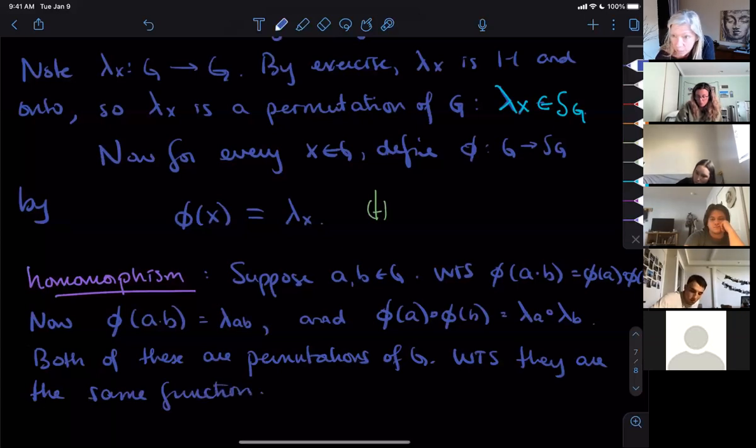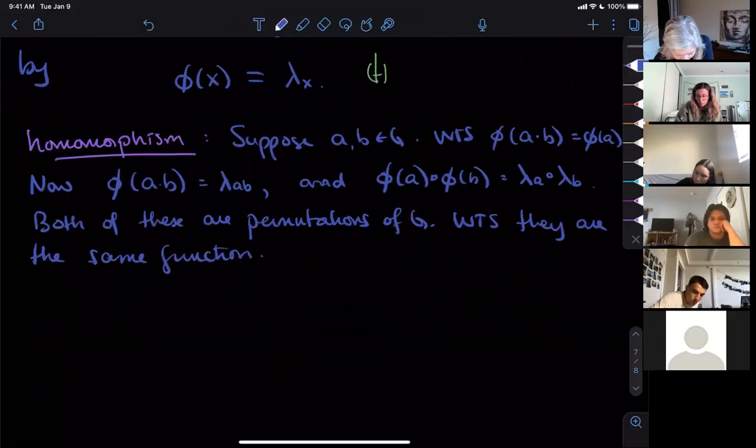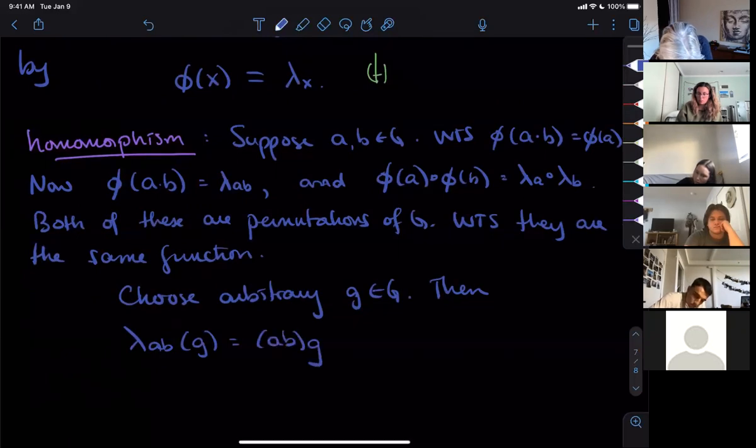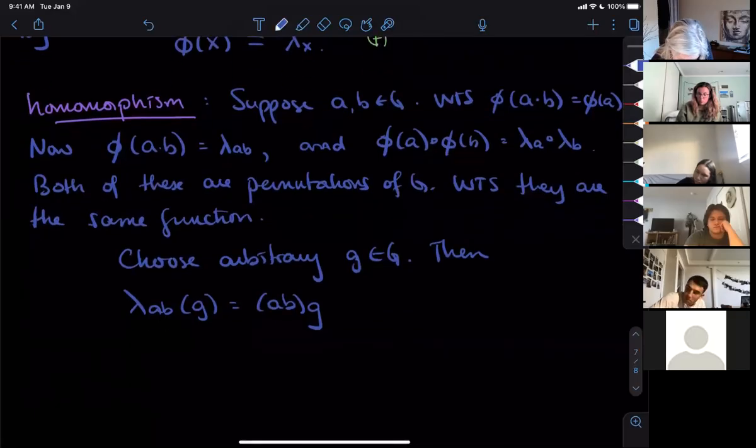We still have it in the chat what it means for how you show two functions are the same. Choose an arbitrary element and see that they do the same thing. So let's choose an arbitrary g in G. Then let's just start with the lambda. Lambda sub AB of g, well, that's AB times g. That's just the definition.